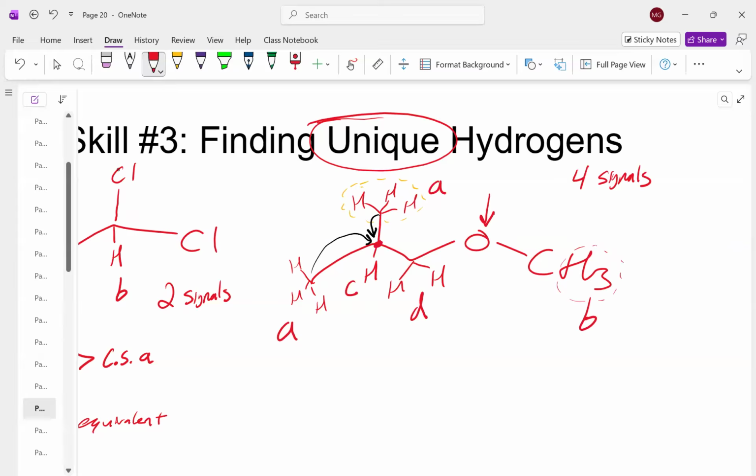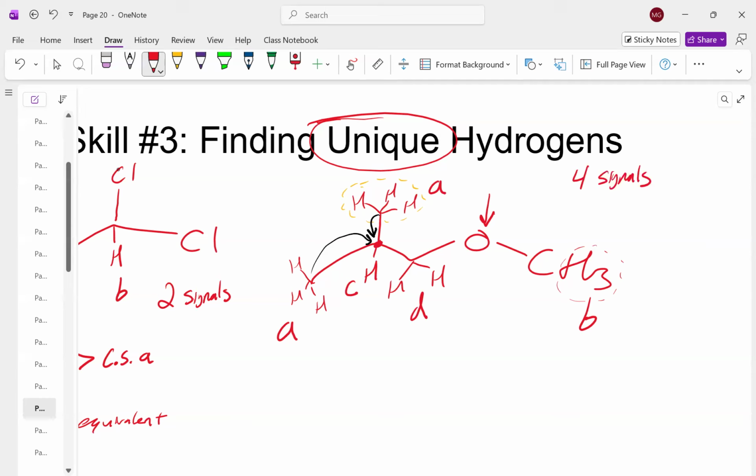And if I were to, again, do the same exercise as before, which of these do you think would have the highest chemical shift? So you're looking for hydrogens that are next to more stuff, and especially if it's electronegative. So notice that D and B are both adjacent to an oxygen, a highly electronegative atom.